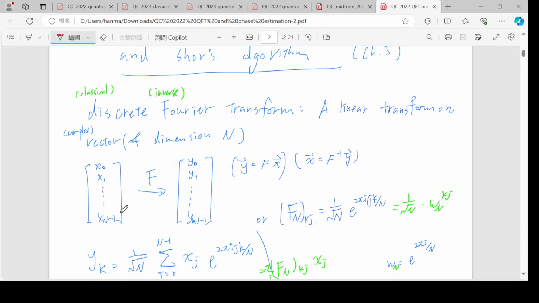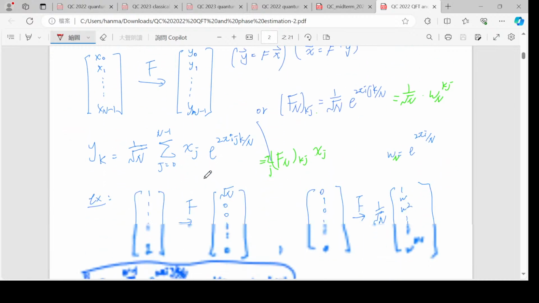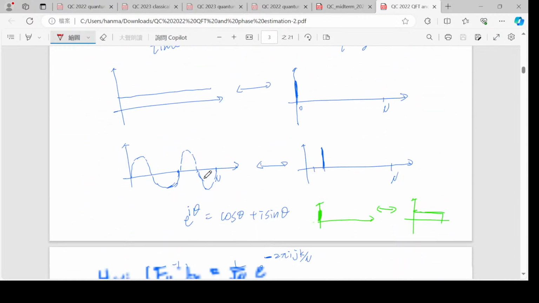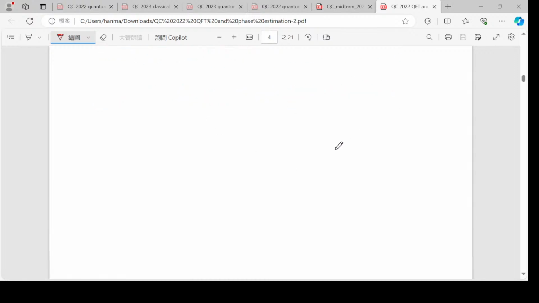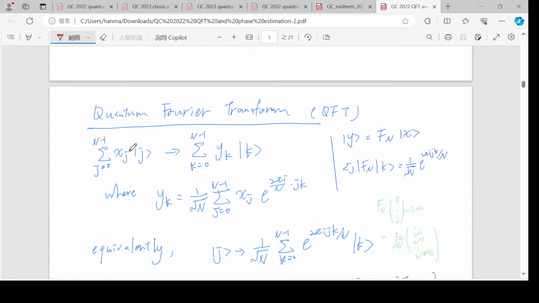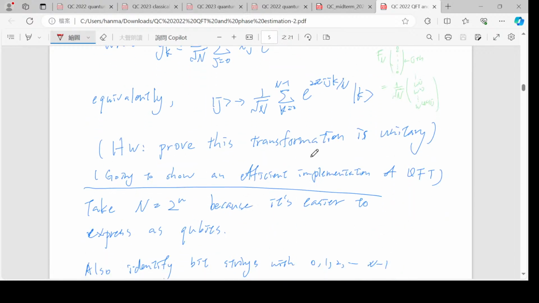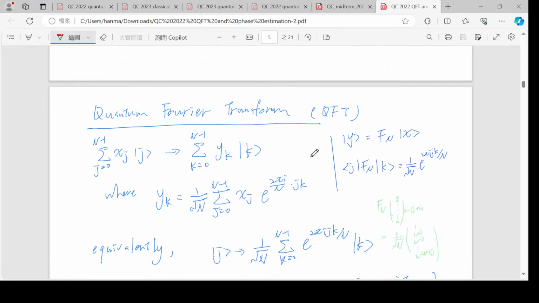But now x and y are quantum states, so they need to be normalized. So x and y are unit vectors. Now, can we have this y vector as Fn times x, with Fn the discrete Fourier transform matrix we defined before?